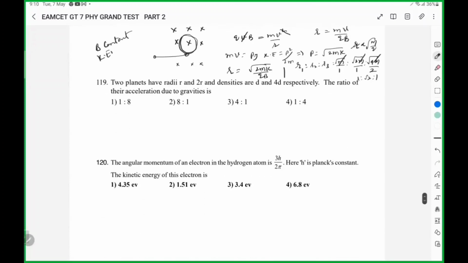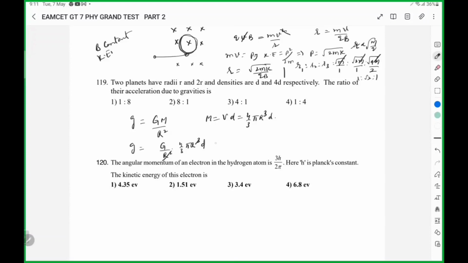Two planets are having radii r and 2r and densities d and 4d. Here g is GM by r square. The mass of the planet is volume into density, 4 by 3 pi r cube into density. Then g becomes G by r square into 4 by 3 pi r cube density.